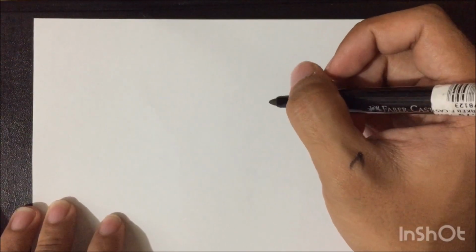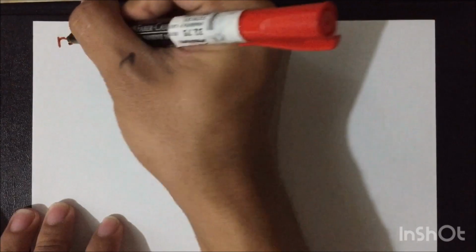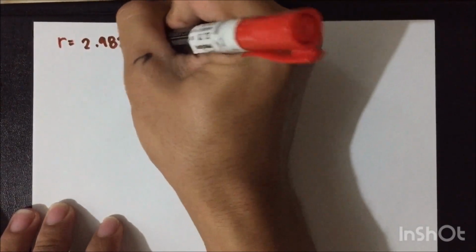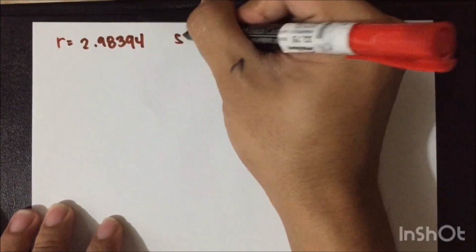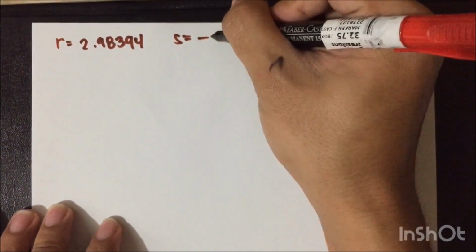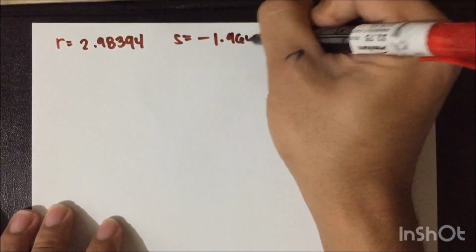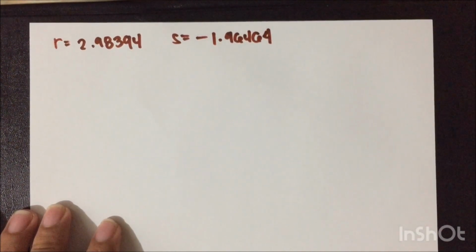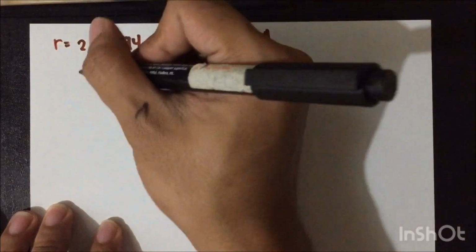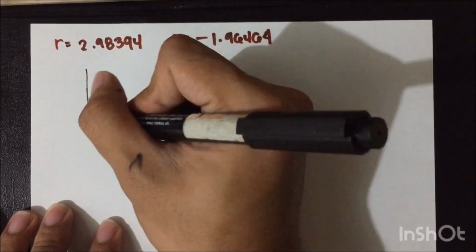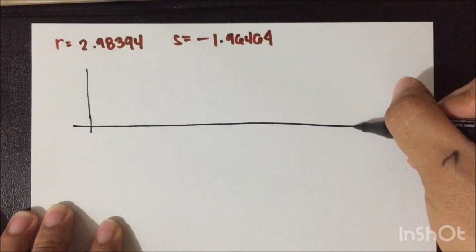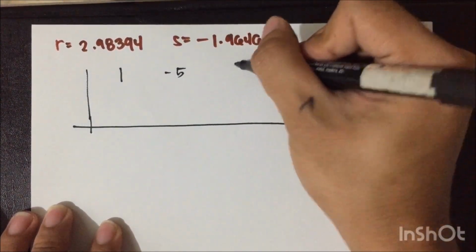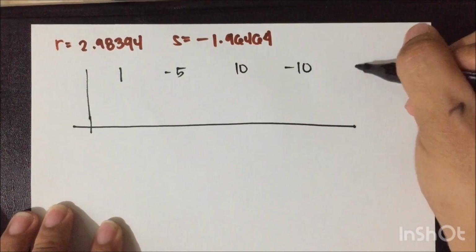So, yung huling value ng R natin, we have 2.98394. At para sa ating S, we have the value negative 1.96464. So, continuing iteration, we divide this again by synthetic division. 1, negative 5, 10, negative 10, and 4.